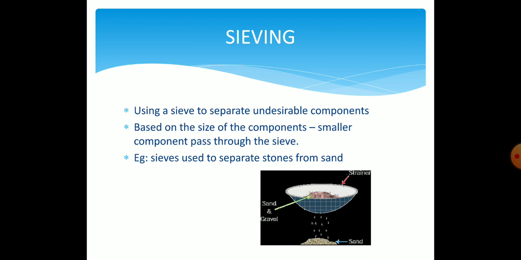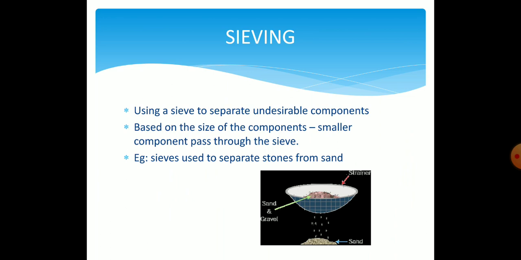A sieve has small holes, which are used to separate unwanted components based on the size of the components. The size of the components should be different. The smaller component should pass through the small holes and go down. Then it is easy for us to separate.